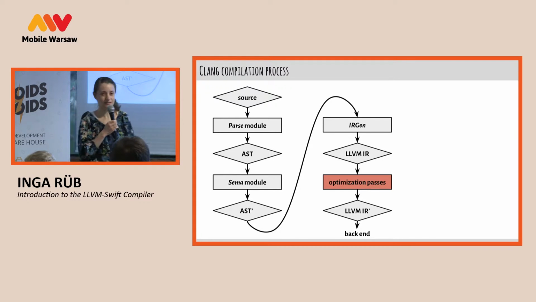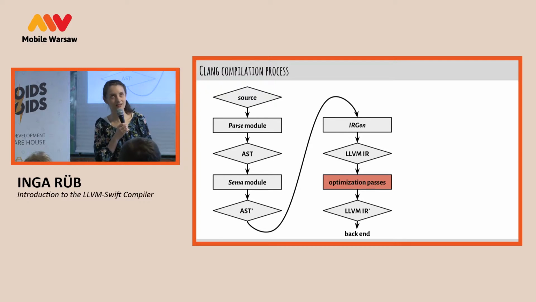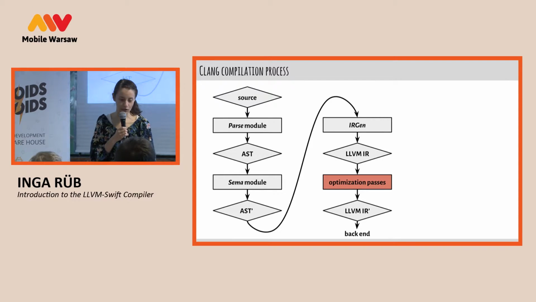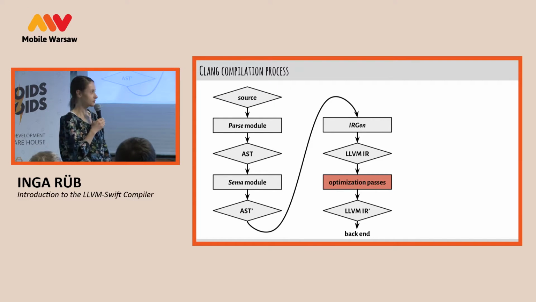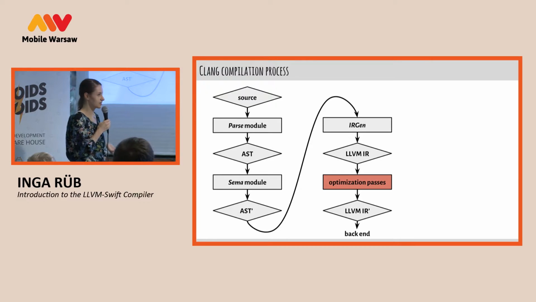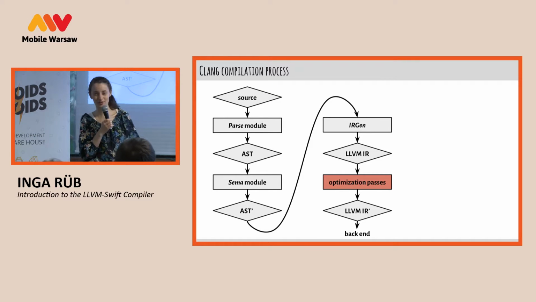So it looks like something that should be very easy. It is easy to modify the compiler, as long as you know how to write these 3 modules. But was it enough in the case of Swift? Well, the problem is that the IR representation, this intermediate representation, is too low level. It is enough for languages like C or C++, but Swift is a high-level language, and it contains high-level abstractions to be represented by IR.